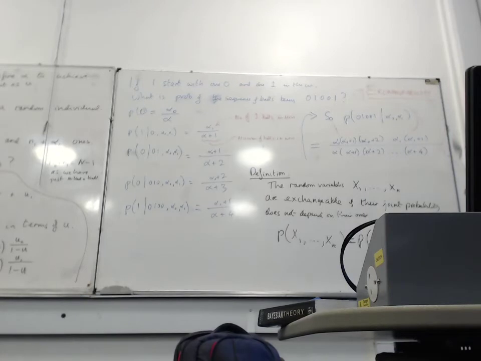all you need, the probability of drawing ones, so let's say 5 ones and 17 zeros, is the same, however those 5 ones and 17 zeros are arranged. And when you think about it, that's truly bizarre, because every time you're drawing one, you're putting other stuff back into the urn. So the probabilities of ones and zeros are changing. I mean, isn't that strange?